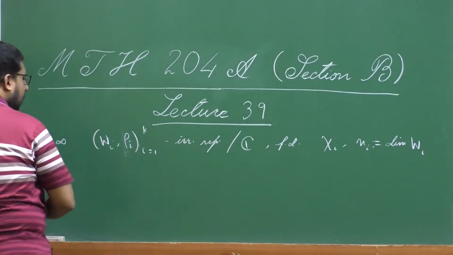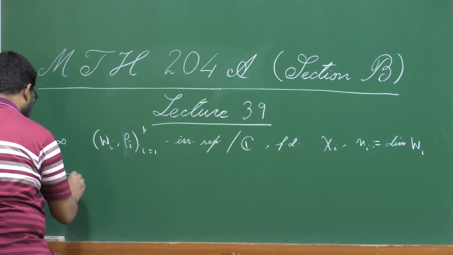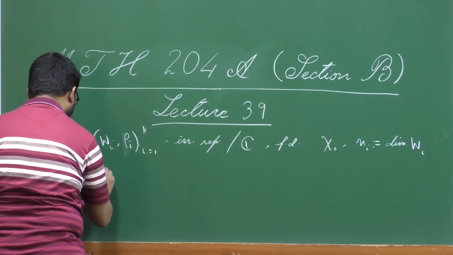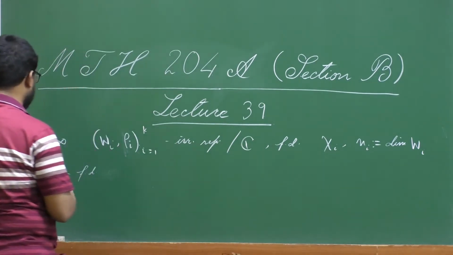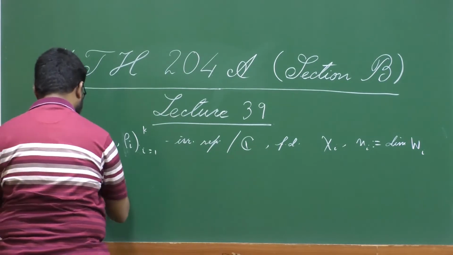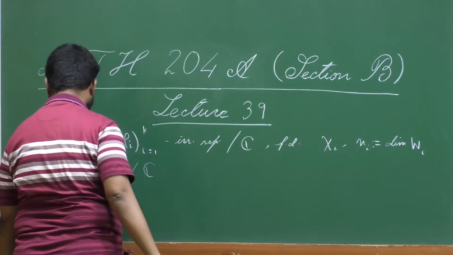Now let V, rho be a finite dimensional complex representation of G. It is any finite dimensional representation, not necessarily irreducible.